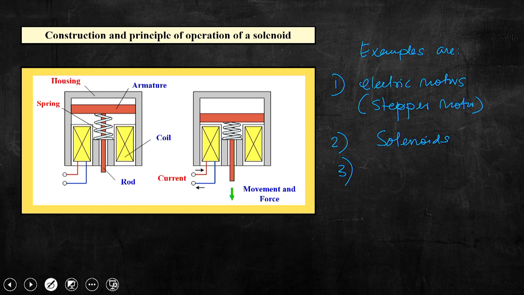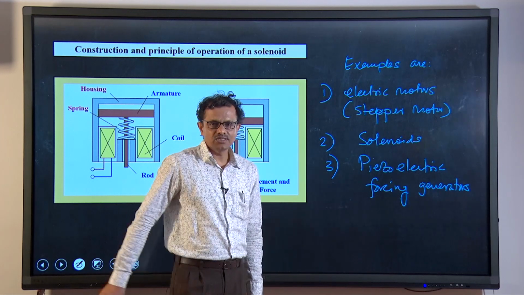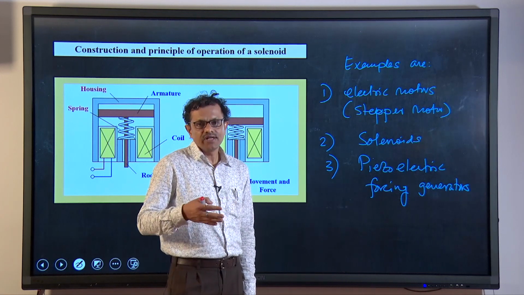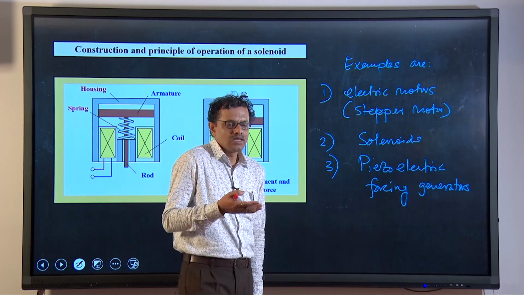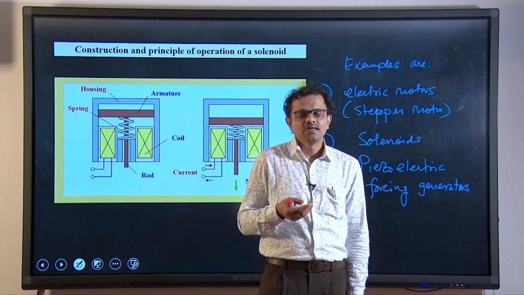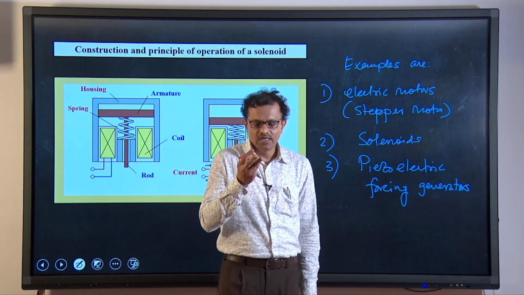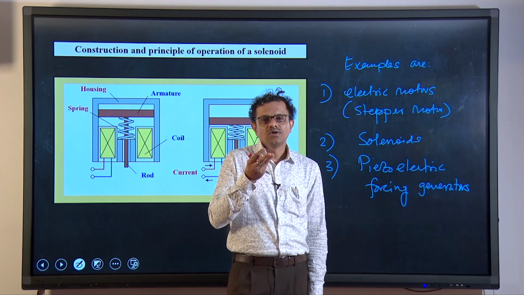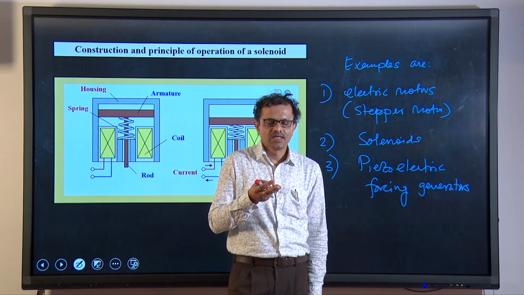Number 3 is piezoelectric forcing generators. So, these are the typical actuators. We shall discuss all these today, their hardware structure, and then we will see how an actuator controls air fuel ratio, ignition, and also EGR.